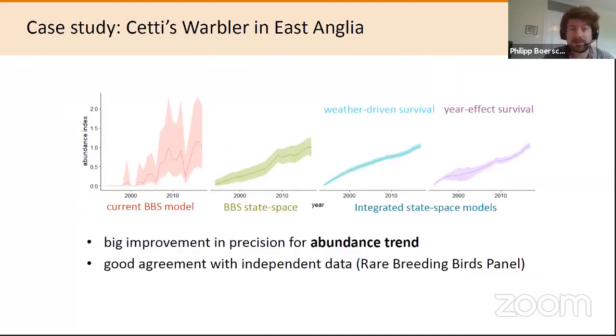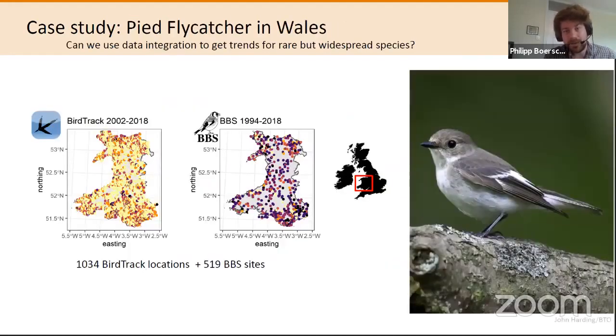And the nice thing about this particular case study is that we have independent data, and we can see that the integrated model results are actually unbiased with respect to those independent data. And then we also ran a case study to do this for a rare but widespread bird.